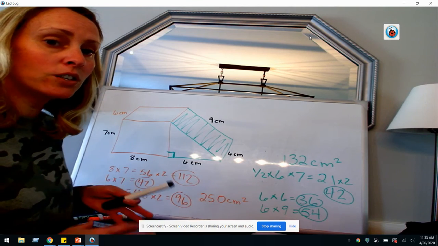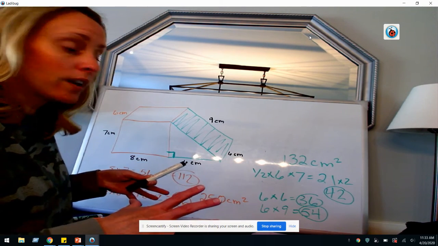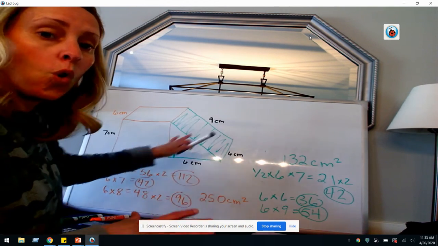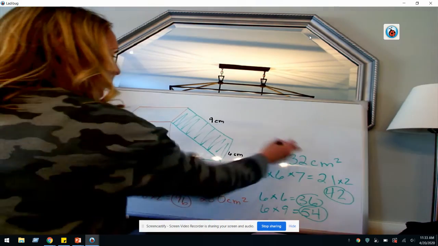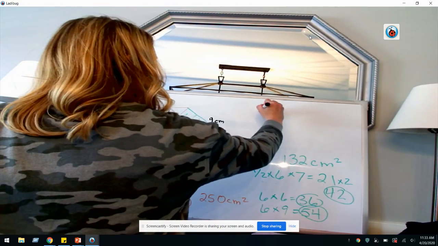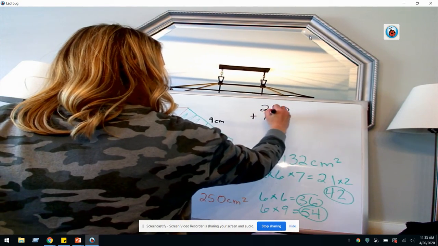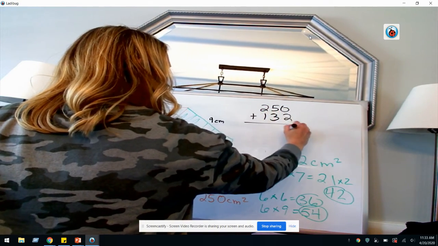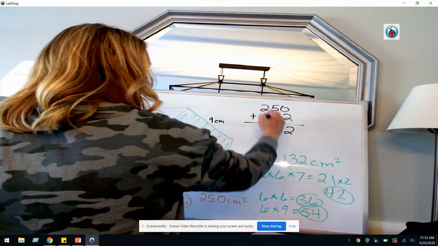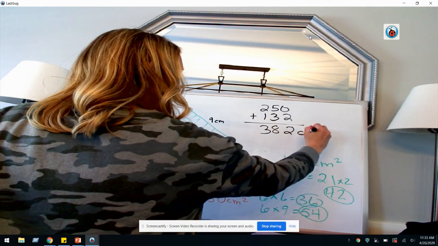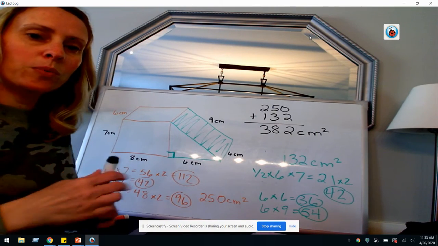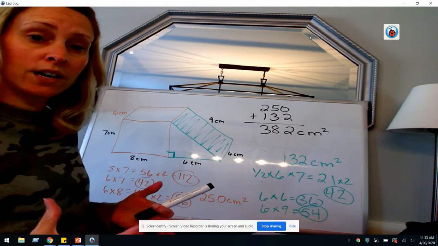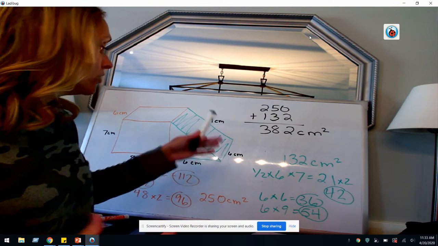So if I wanted to know the total surface area to cover this whole shape, these two shapes put together, I would add these up. So I do 250 plus 132. 5 plus 3 is 8. 382 centimeters squared. That would be the total surface area for this shape.